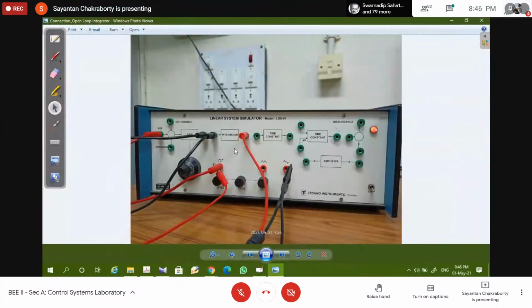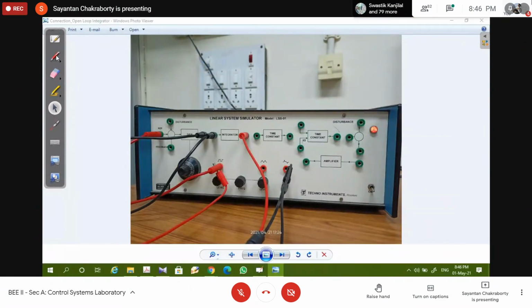This is the integrator block, right? Then we have a time constant block. The integrator block is of the form K1 by s, a gain K1 by s. The time constant block is K2 by (Ts plus 1), and say this is K3 by (Ts plus 1).